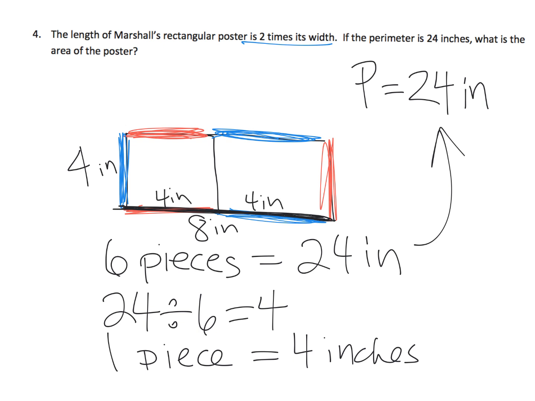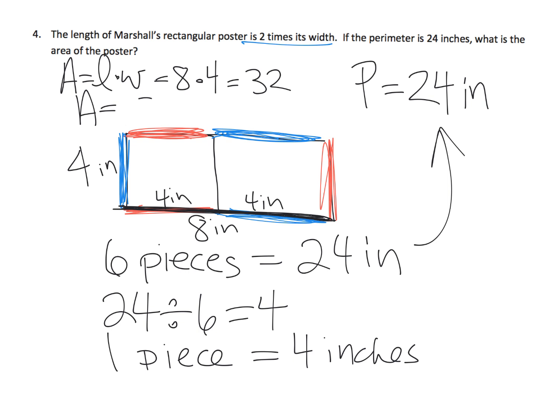So the area is length times width, which is 8 times 4, which is 32. So the area is 32 units squared. And really, I should call it inches squared, not units. So the area is 32 inches squared, or square inches.